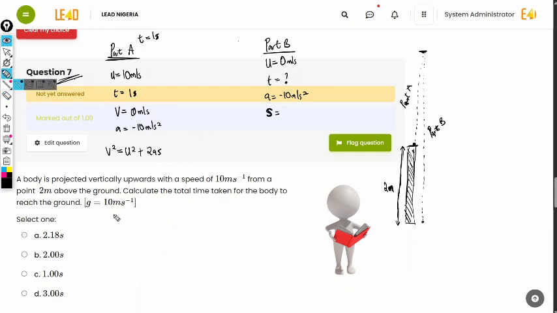So that will be 0 squared is equal to 10 squared plus 2 times minus 10 times s. So this will be 0 is equal to 100 minus 20s. That means 20s is equal to 100. If I divide both sides by 20, we get s, which is our displacement, as 5. So s is 5 meters.